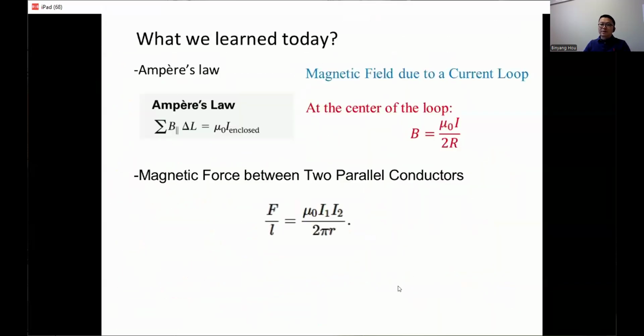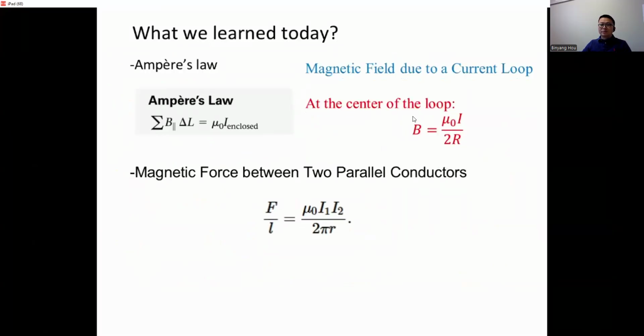We looked at Ampere's law again, this time applied to calculate the magnetic field at the center of a loop, which now doesn't have the pi. For the straight wire, you do have the 2 pi, the pi in the denominator, but this is a loop, so it's kind of the opposite. When you have a straight wire, you need a pi. When you have a circle, you don't need a pi.